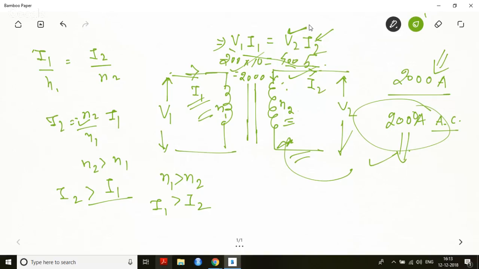What's the answer? Question is, there is a long straight current carrying conductor. It carries a current of 10 amperes. You have to find out the magnetic field at a distance of 10 centimeter and the direction also.